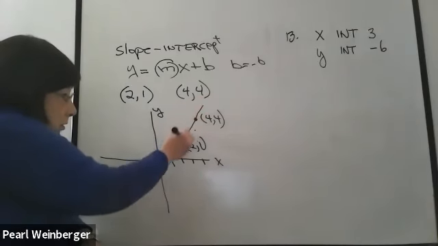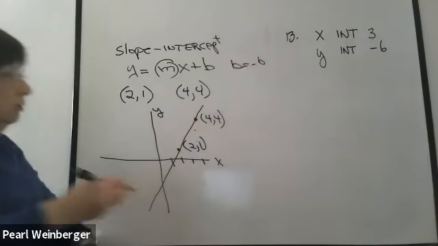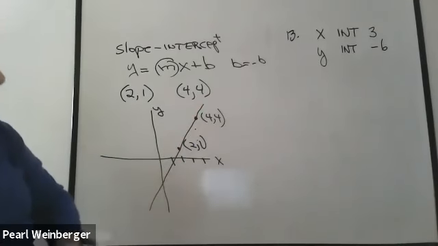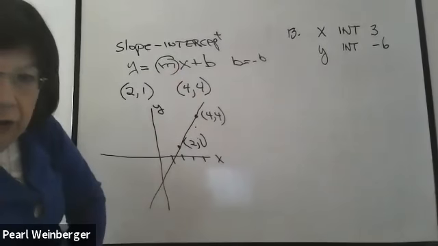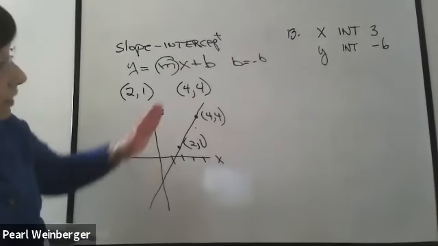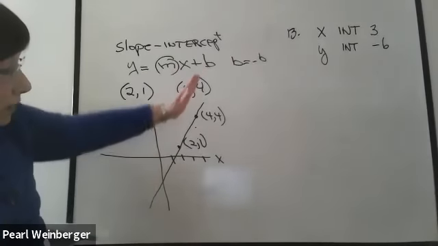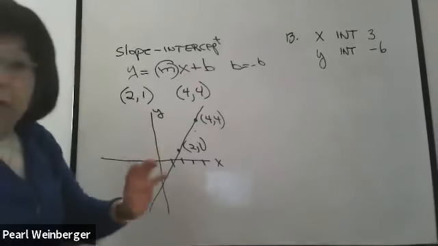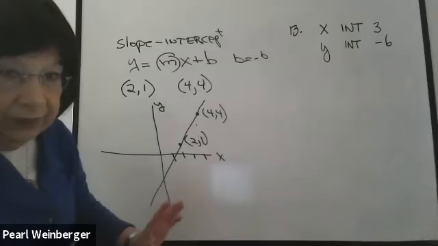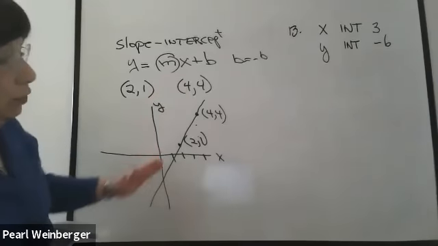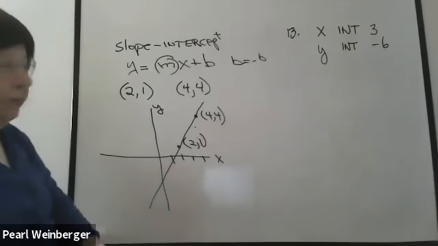Here's my line. Something like that. We're going to try and find the equation of this line. Notice neither of the points that it gave you was either an x-intercept or a y-intercept. Just any 2 points on the line.